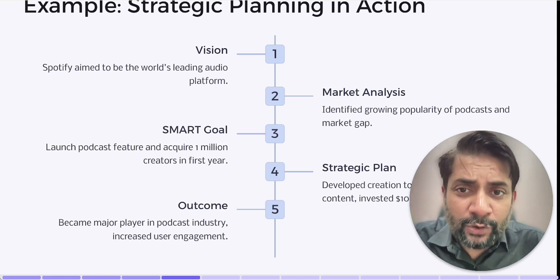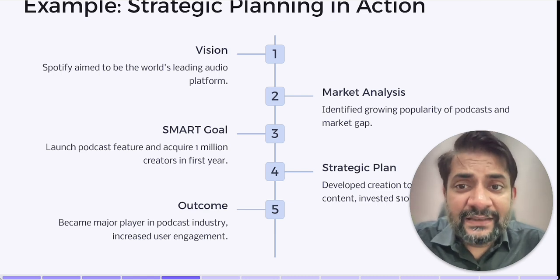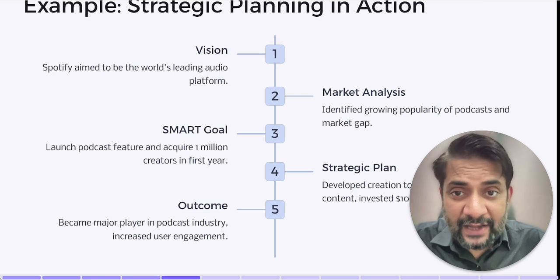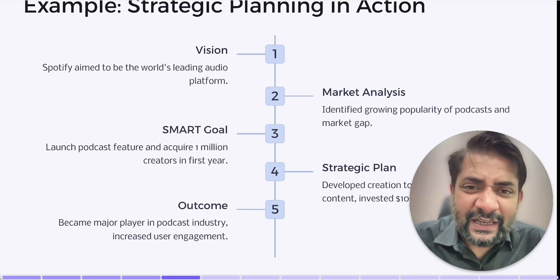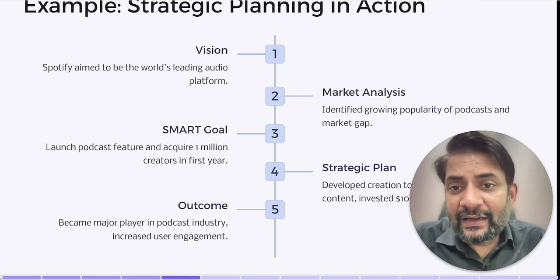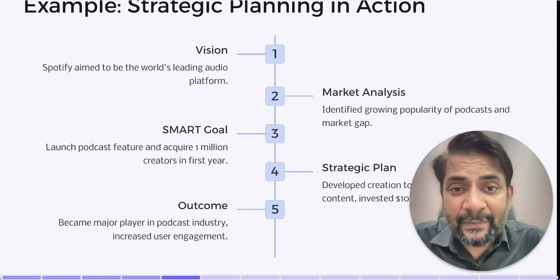Then they set up the SMART goal: launch a podcast feature and acquire 1 million podcast creators within the first year. Then the strategic plan, the action: develop podcast creation tools and host exclusive content, and allocating the resources by investing $100 million in podcast technology and marketing.